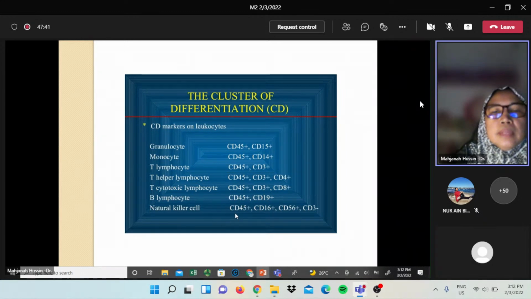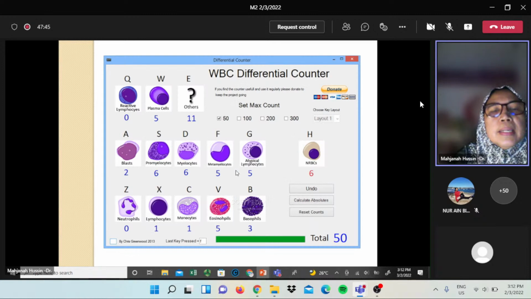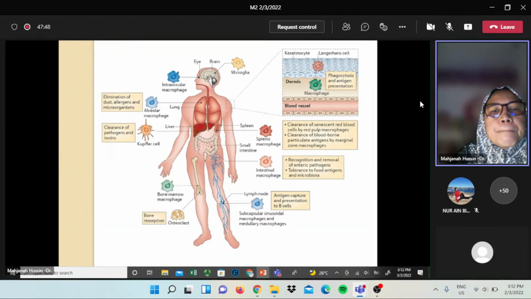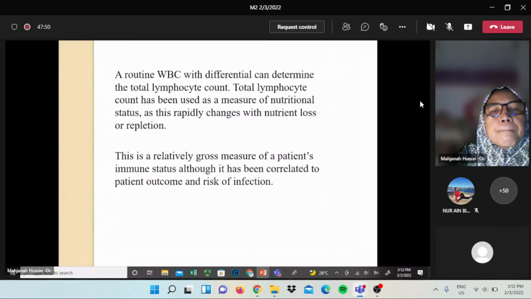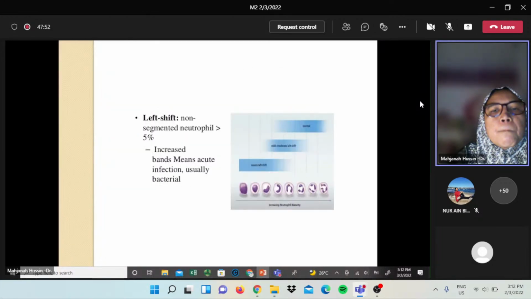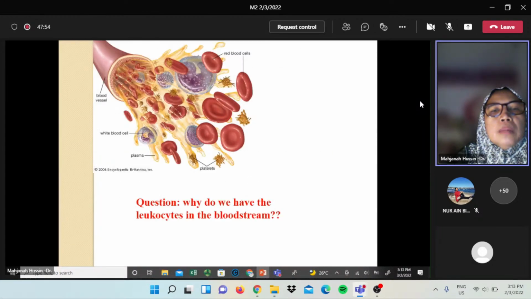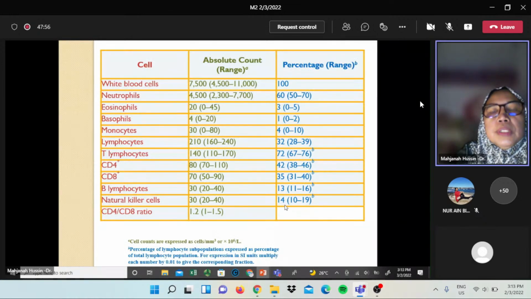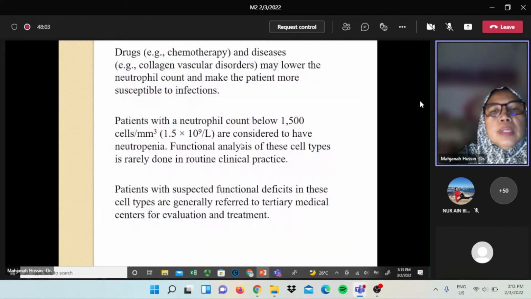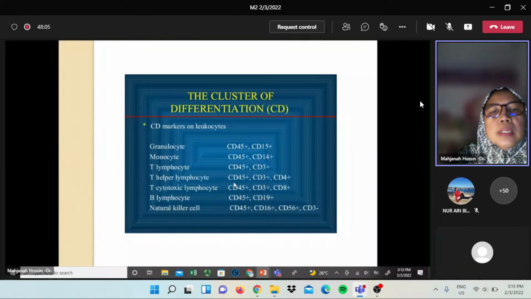For natural killer cell, there are very little in your bloodstream. Remember, it's almost 14%, compared to your neutrophil, which is 60. That one has CD45 as well as CD16, and then CD56 on top, and CD3.